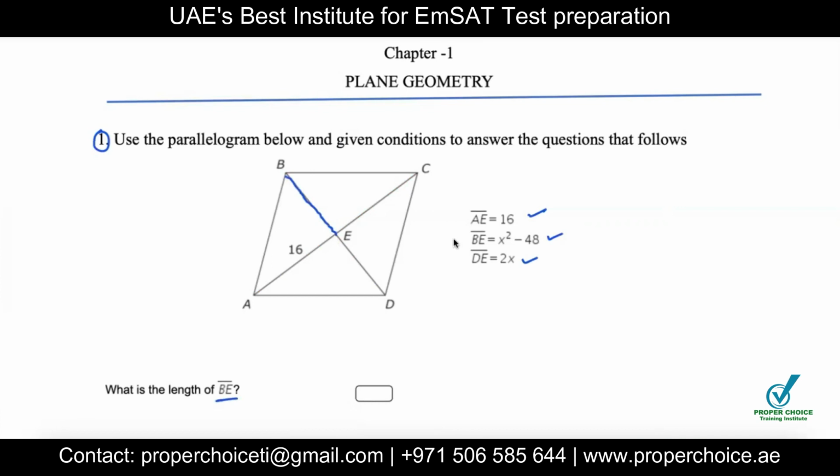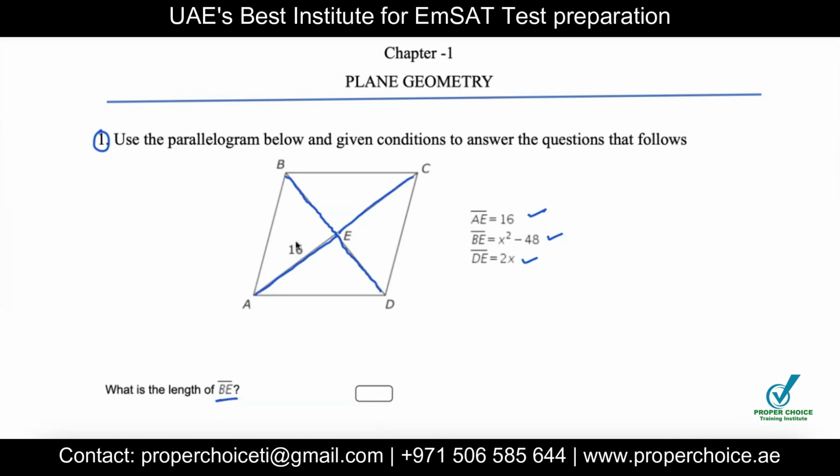This has been given to you as x square minus 48, AE is 16 and ED is 2x. Now to answer this question, you need to know one rule: AC and BD represent the diagonals of the parallelogram.